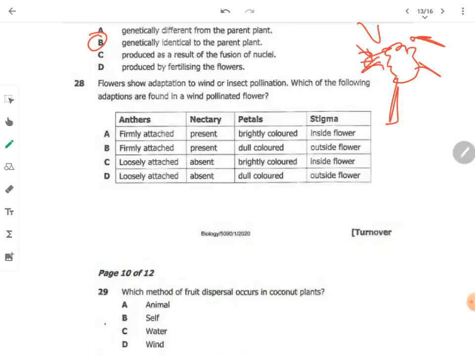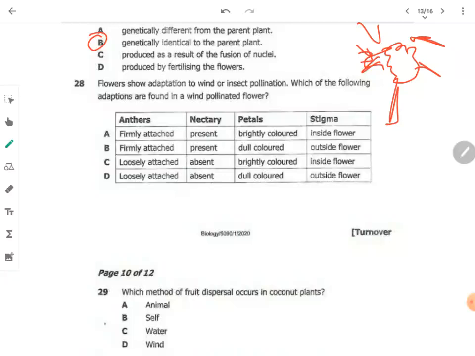Now, what are you likely to find? You are likely to find the anthers to be loosely attached. Why should they be loosely attached? Because once the anthers are loosely attached, they will be able to drop their pollen easily onto the stigma.